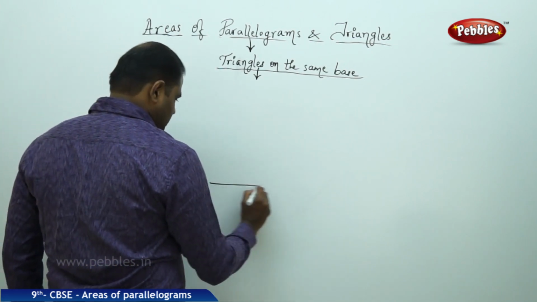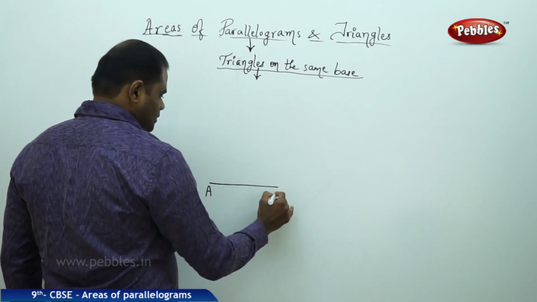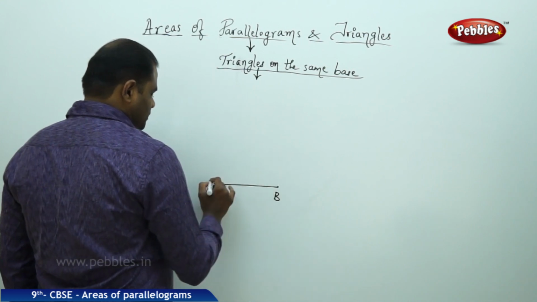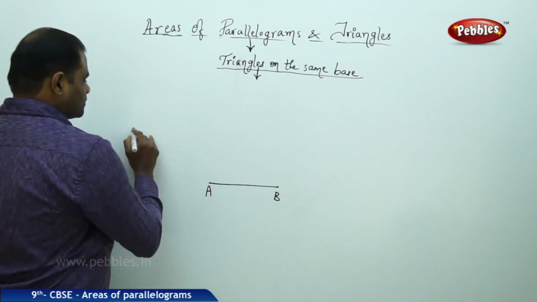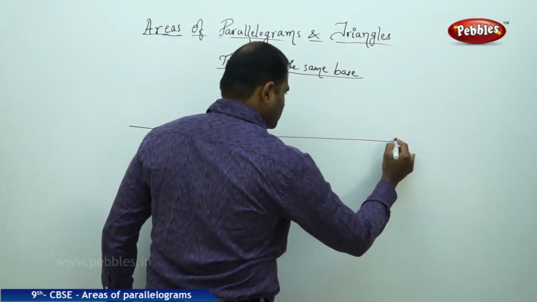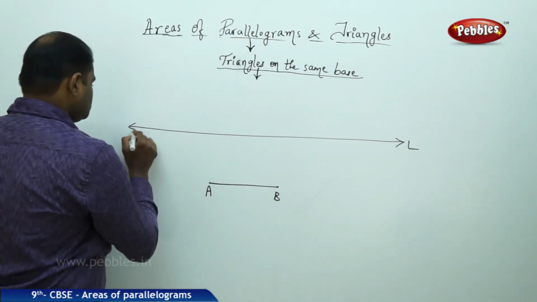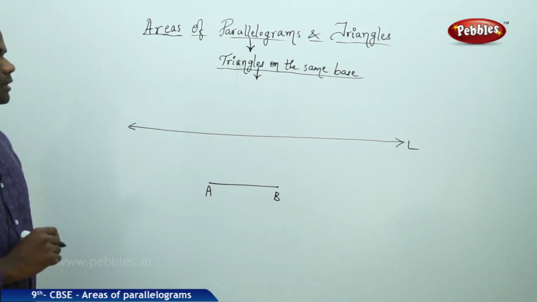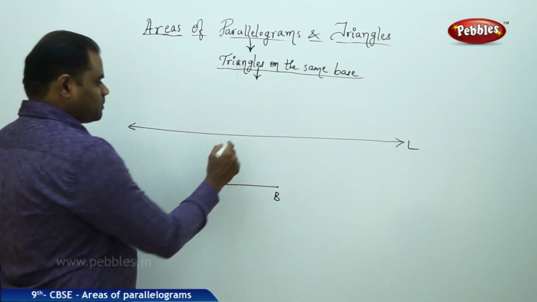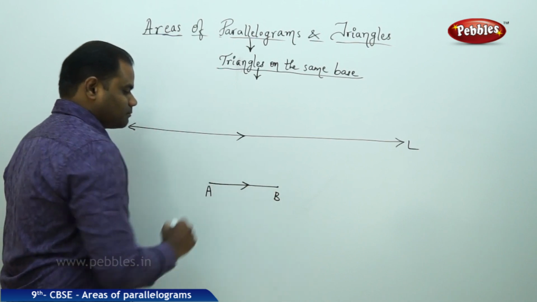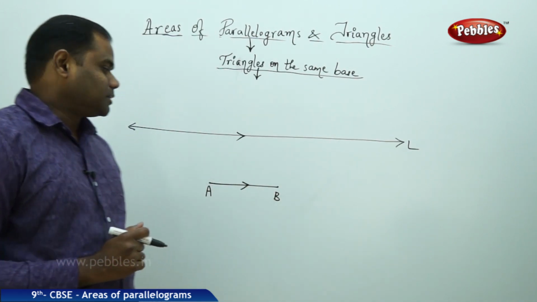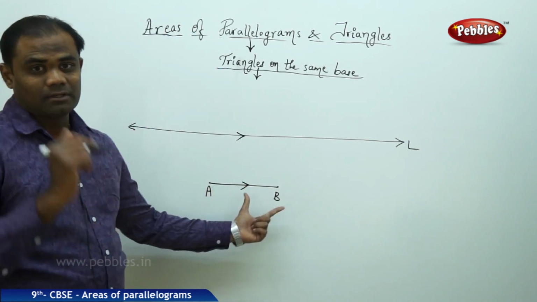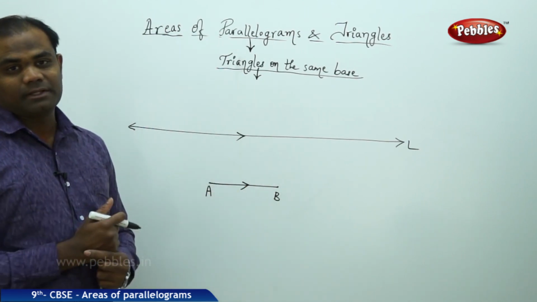Imagine I take the same base, which is AB, just like in the previous case of a parallelogram. So with the same base AB and between the parallel line L, let's say this line is parallel to the same base AB. Now let me draw two triangles which are on the same base AB and which are between the parallel lines.